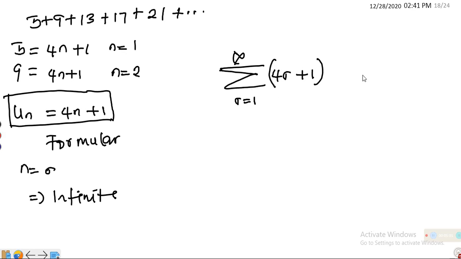So this is the formula for this particular series. When you have an infinite series, you take the summation from 1 to infinity and write the formula inside the sigma notation. This is how to generate the formula of a series.